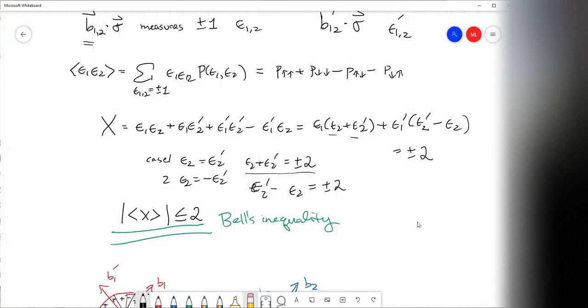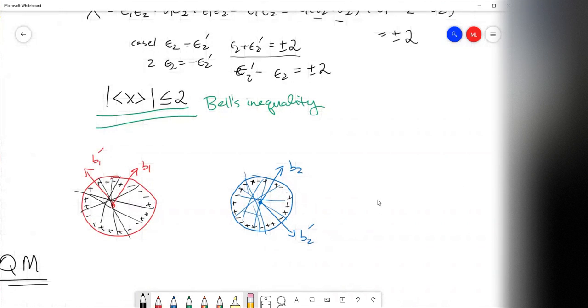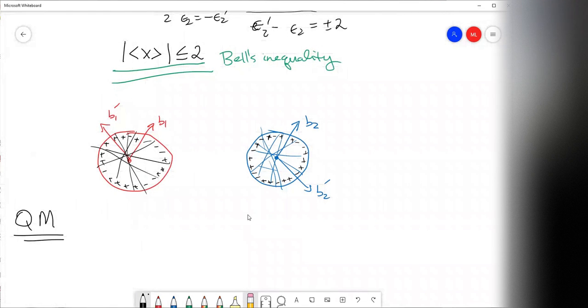And if all those things have definite values, even if they're random, then you can construct this X, and this X is always plus or minus 2. And so this is the inequality that must be satisfied. But you'll see that quantum mechanics violates it. So all right, let's do the quantum mechanics.